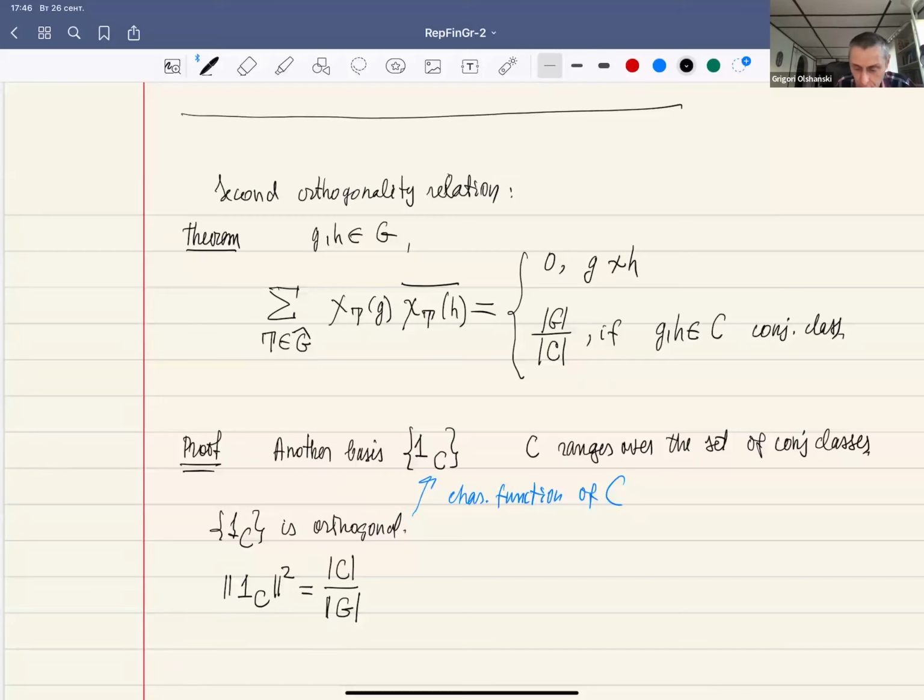And this constant just comes from this one. We just have to renormalize this function to get an orthonormal basis.